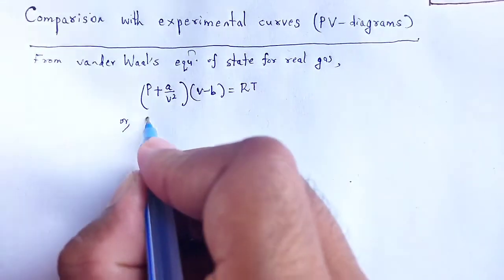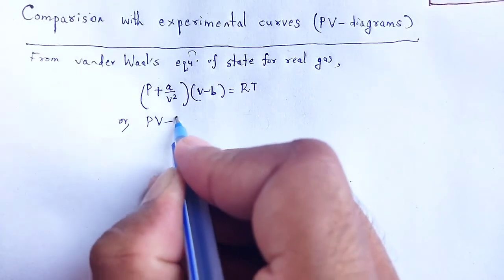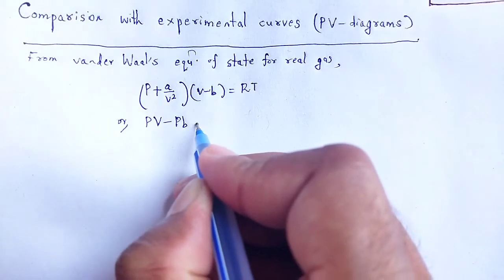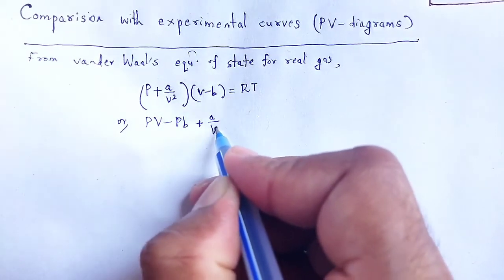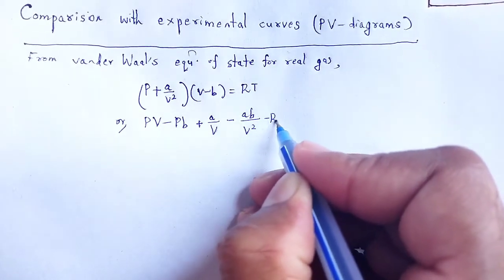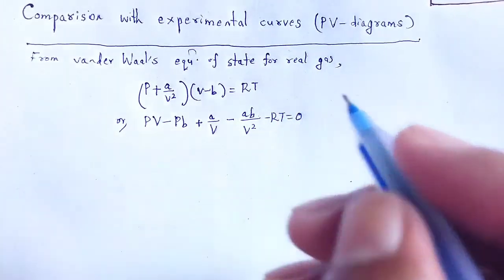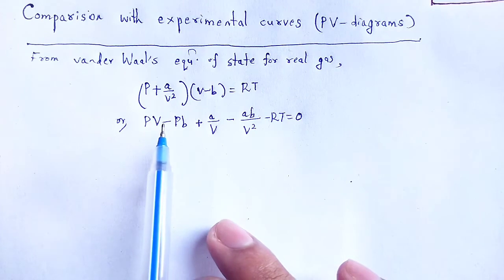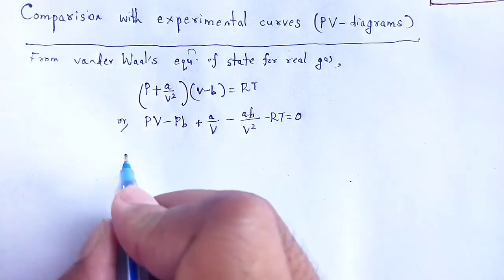Expanding the bracket terms, that is PV minus Pb plus a by V minus ab by V square minus RT is equal to 0. Now multiplying by V square and then dividing by P.